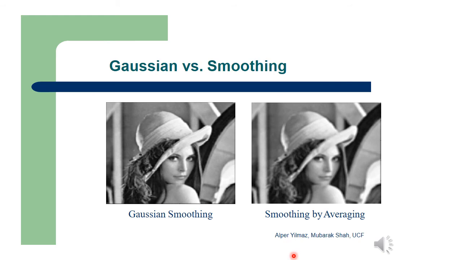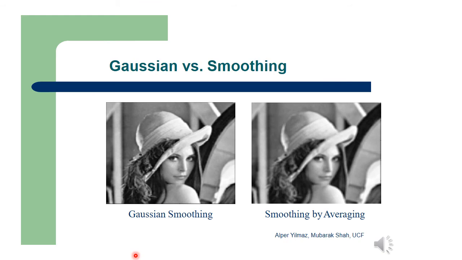And if you take this average with a 5 into 5 kernel, then you are making an average of 25 values.